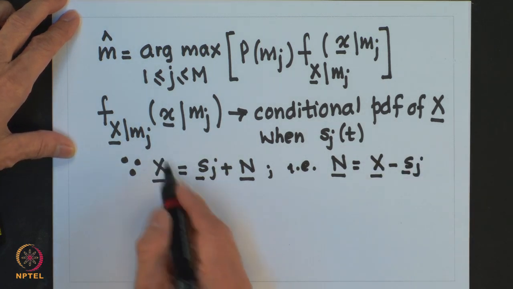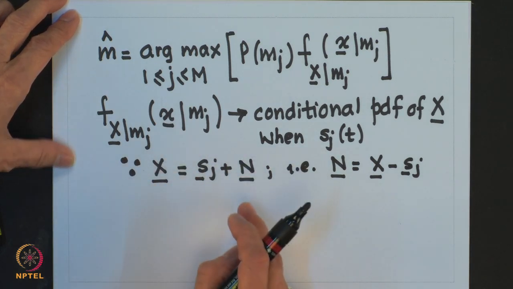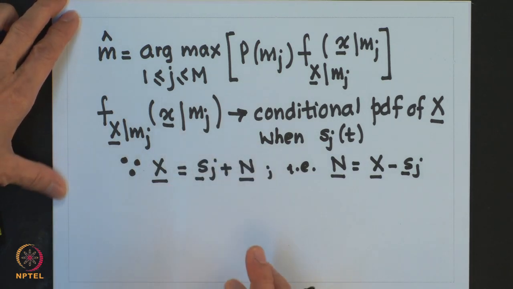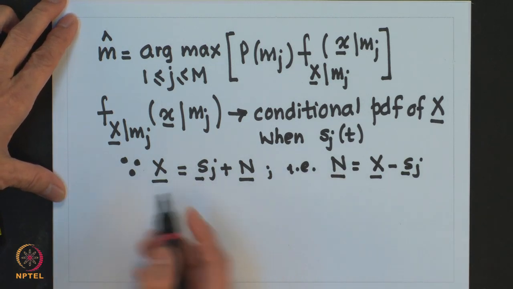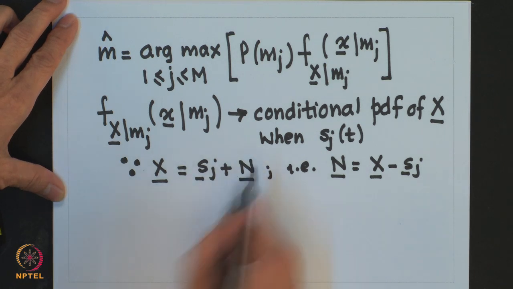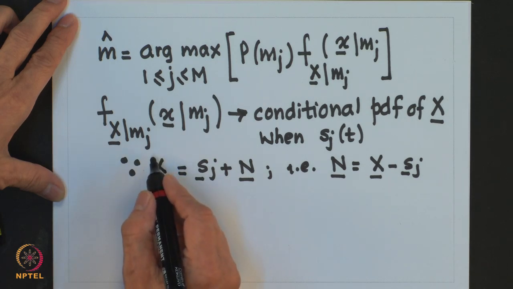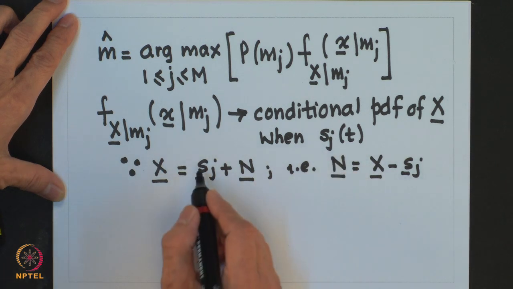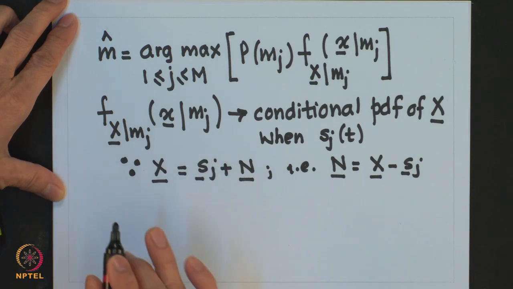So, this is a vector which we get by projecting your received signal onto the basis signals which span the signal set. Now, the point s_j is constant and the noise vector is a random point. So, obviously the vector x is a random point with the same distribution as the noise vector, but centered at the point given by the s_j vector, correct.